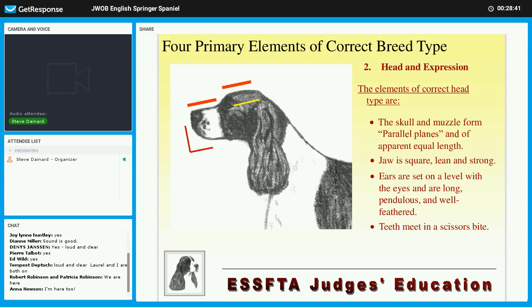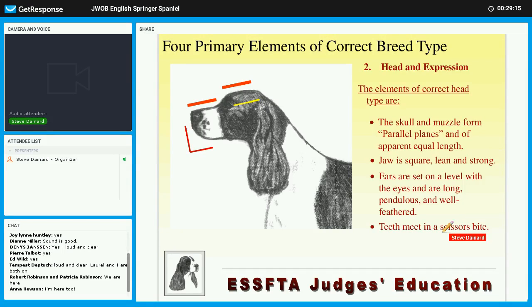We're looking for a foreface that is well developed and lean. We're not looking for snipiness. You're looking for the ear to be set on an approximate level with the line of the eye. Again, we're not looking for a cockery ear set. We don't want it too low and set too far back on the head. So just draw an approximate line from the eye, and that's where you're going to start to see the ear leather fall.